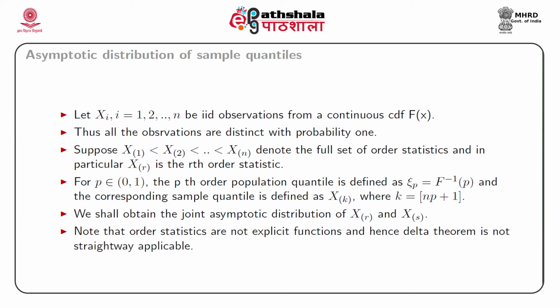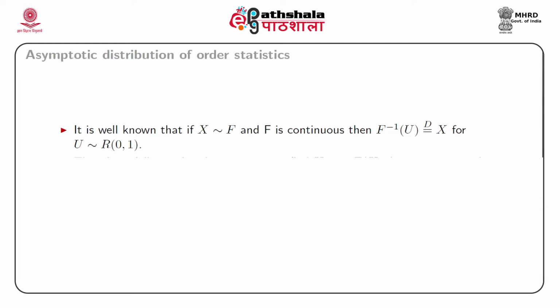Note that order statistics are not explicit functions, and hence the delta theorem is not straightaway applicable here. So, we need to develop some alternative methods in such a case. If X has a distribution F where F is continuous, then it is well known that the distributions of F inverse U and X are identical, where U has a rectangular 0 1 distribution.